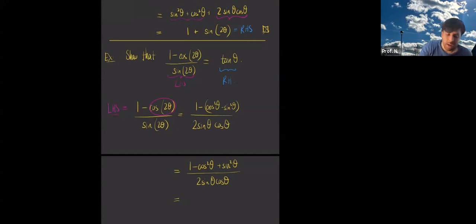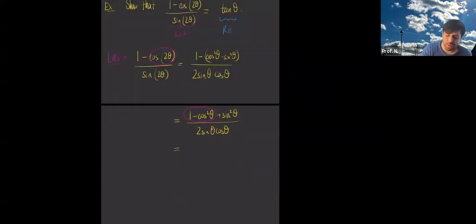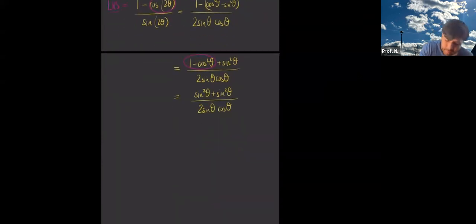Now, what you have to recognize is, wait a minute, I know this. What is 1 minus cosine squared theta also equivalent to? It's equivalent to sine squared theta. But what's sine squared theta plus sine squared theta? It's 2 sine squared theta.